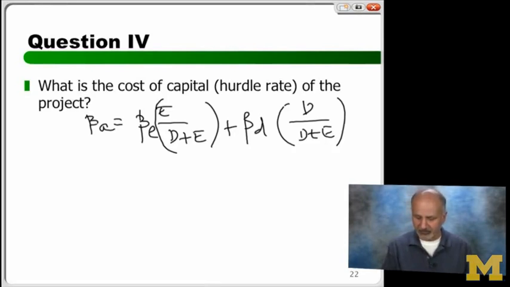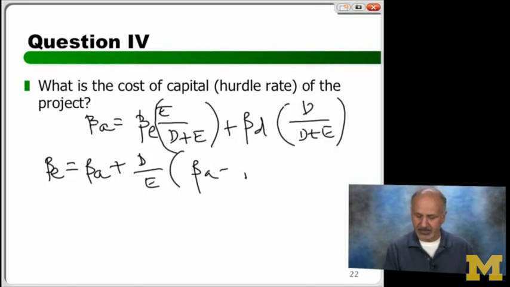You can do this on your own. You can write beta equity as, we have seen this equation before, beta asset, business risk, plus D over E times beta asset minus beta debt.